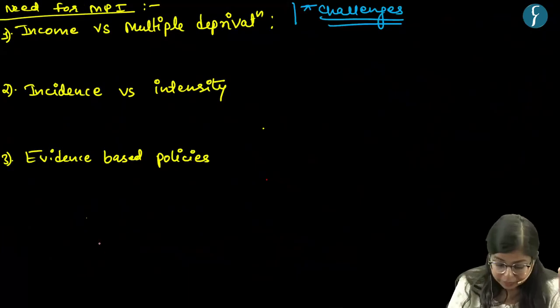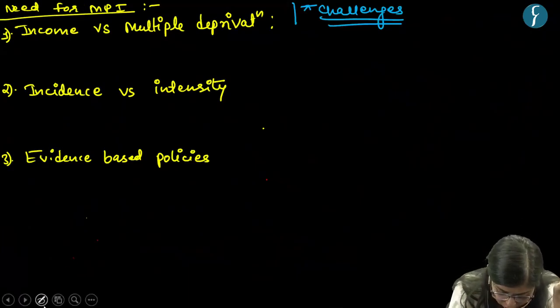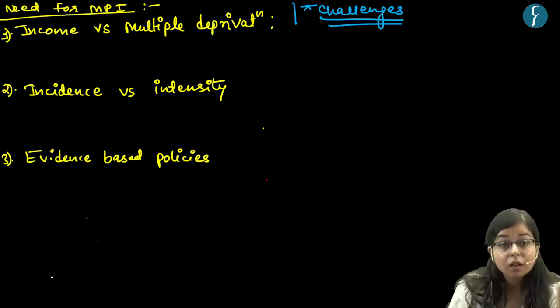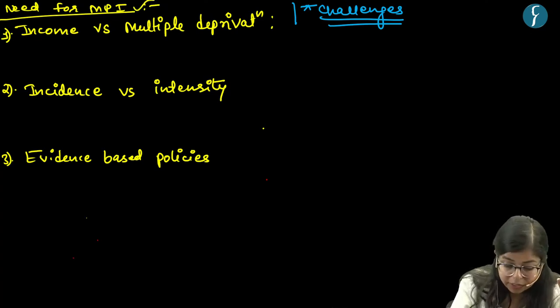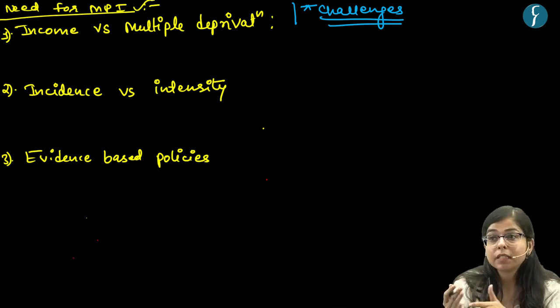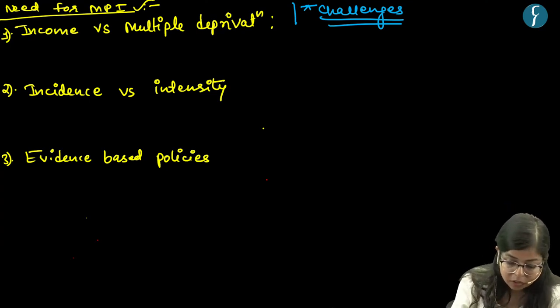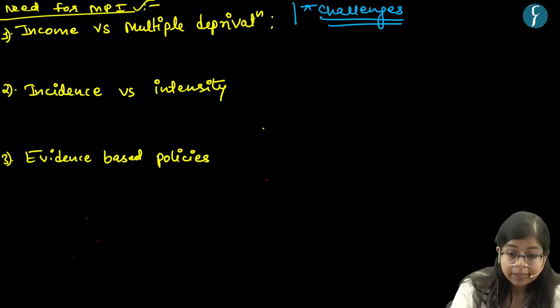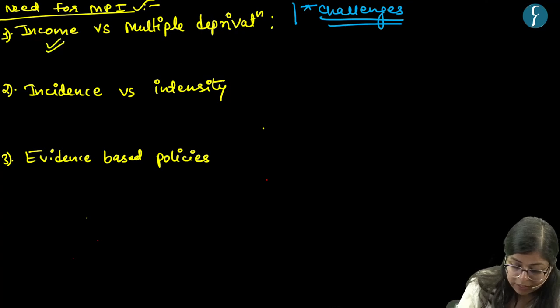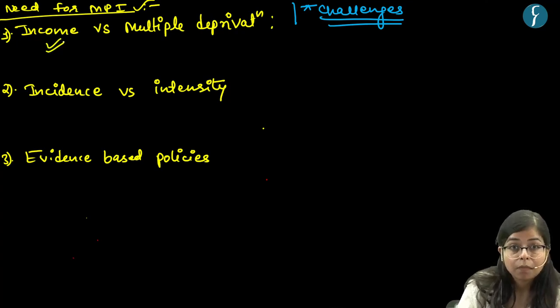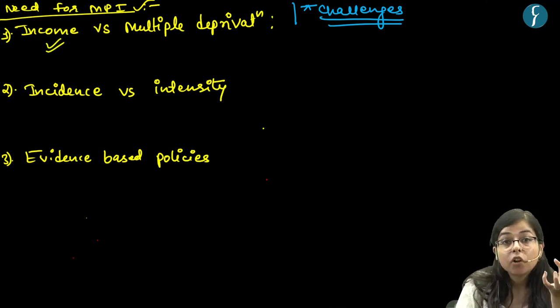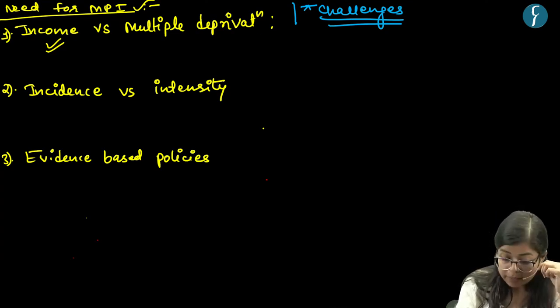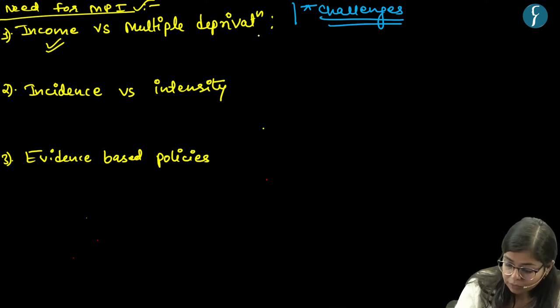Now let's understand that if we already have consumption based poverty line estimates, why do we even need multidimensional poverty based estimations? Now this is because of the fact that the consumption based poverty line indicators, they only see the deprivation in income, but they fail to see non-income deprivations or multiple deprivations. Now let's understand this with the help of an example.